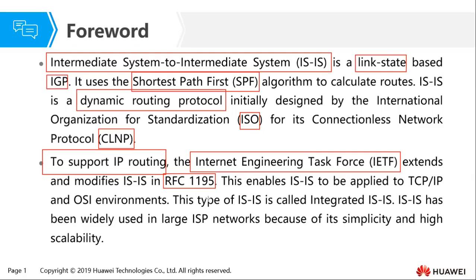Now, this type of IS-IS that was extended is normally referred to as integrated IS-IS. IS-IS has been widely used in large ISP networks because of two things: its simplicity and high scalability.